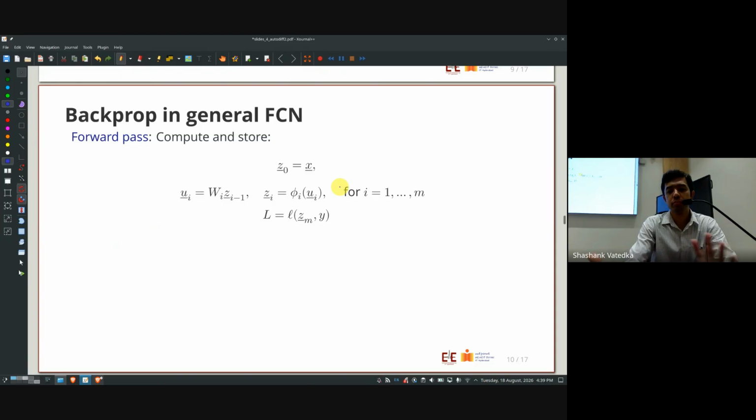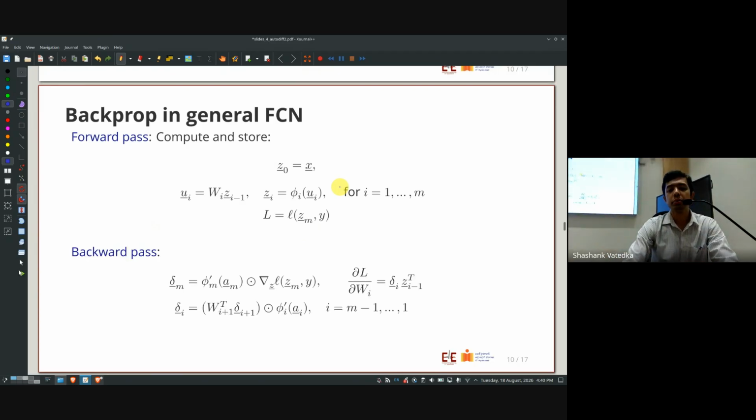Right. So basically, the forward pass amounts to computing the values of each of the intermediate variables, and the backward pass just amounts to computing each of these partial derivatives. Right?